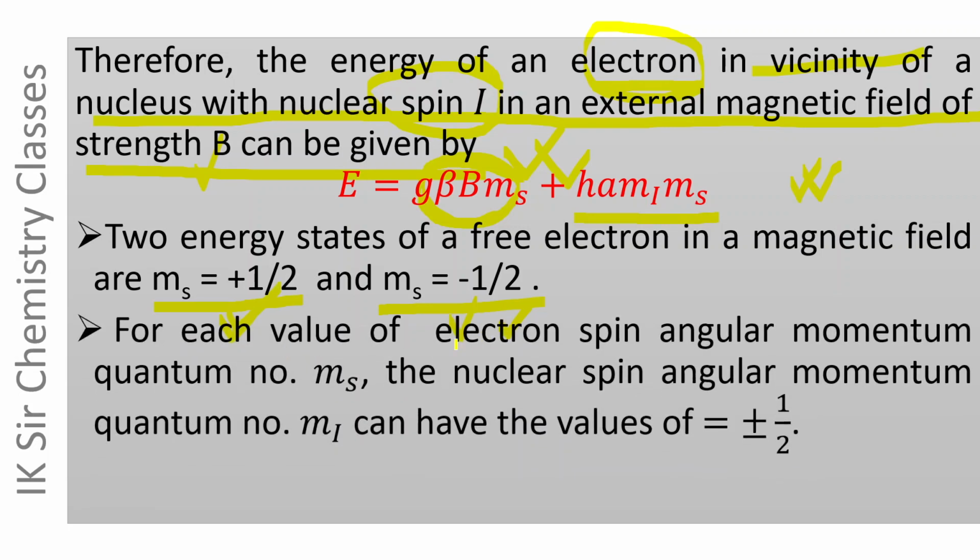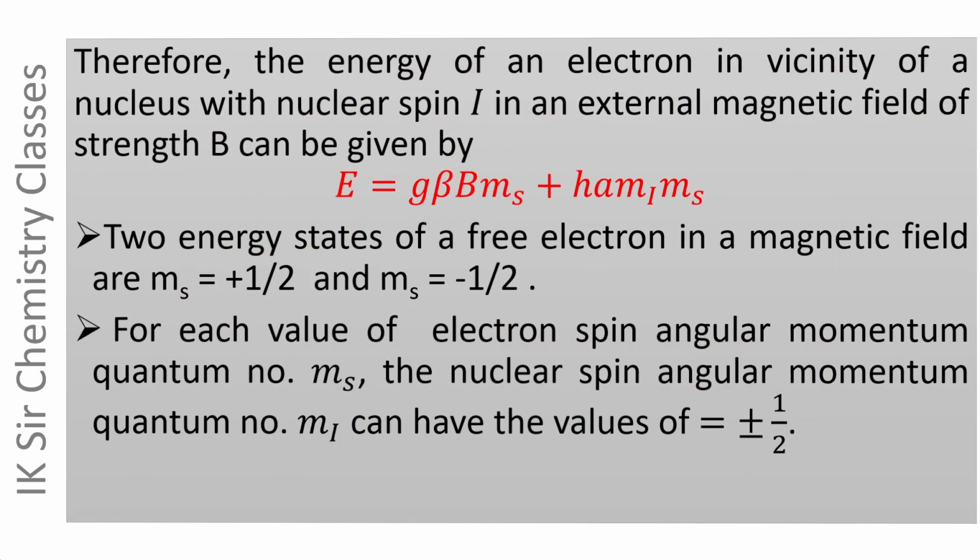For each value of the electron spin quantum number ms, the nuclear spin quantum number mI can have two values, plus half and minus half, and according to this equation, there are four energy levels for an electron in a hydrogen atom in an external magnetic field.